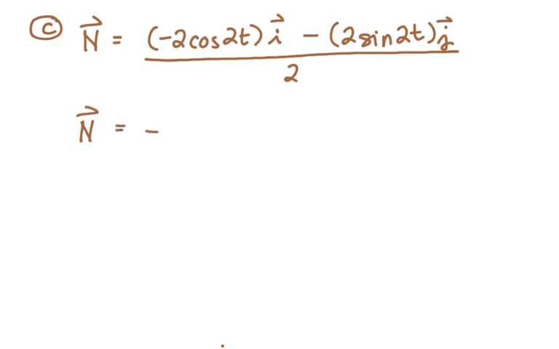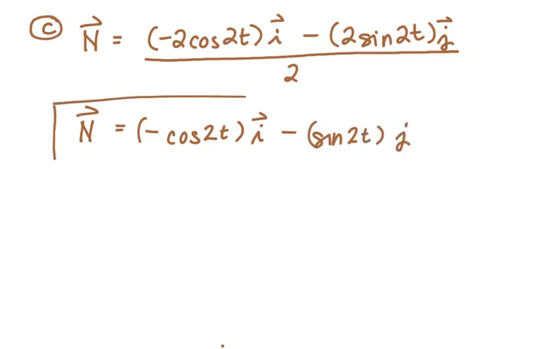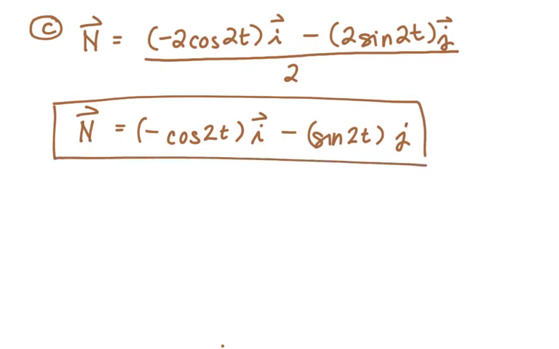That simplifies to negative cosine 2t i minus sine 2t j. That's my principal unit normal vector.